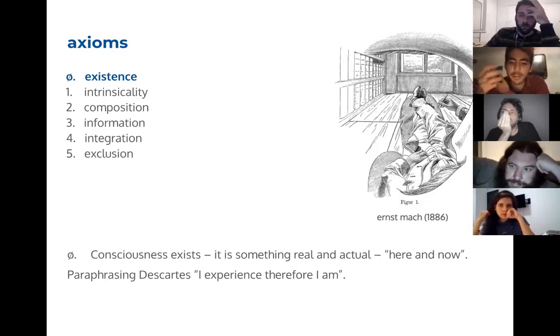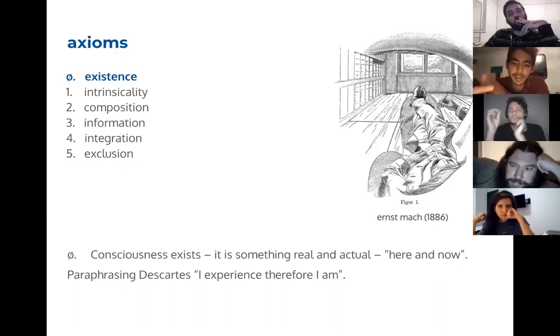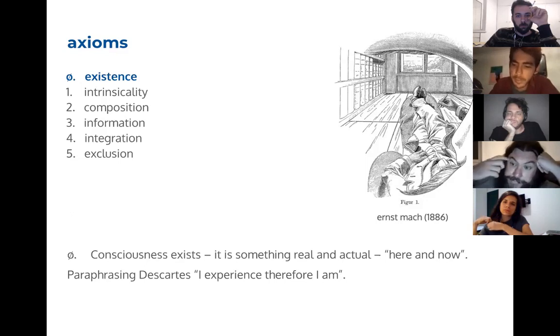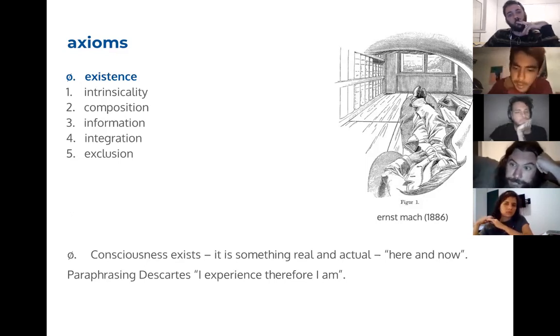You cannot rely on memory or on something else. So consciousness is something that's stuck in the present moment. It's about the here and the now and not something else. This will play a big role in the form, as I'll show.